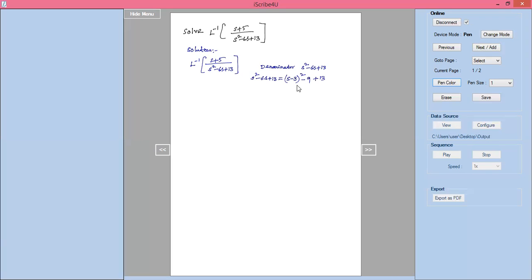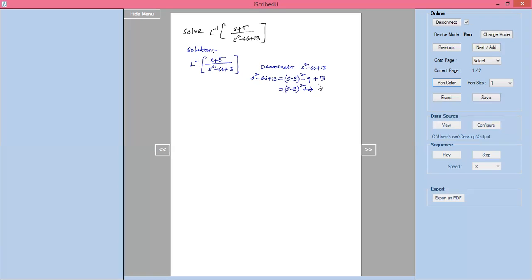Understood, I think so. If you want, you can expand this: s minus 3 whole square expands to s square minus 6s plus 9. Plus 9 minus 9 cancel, so we get only this much. Now s minus 3 whole square minus 9 plus 13 gives plus 4. Now the denominator is in the form of s minus 3 whole square plus 4.